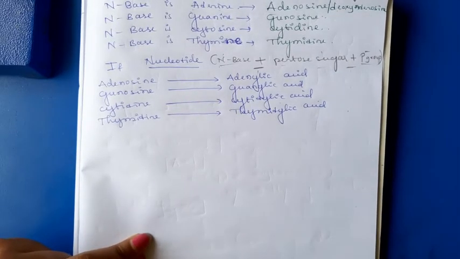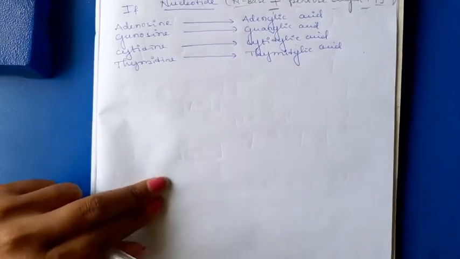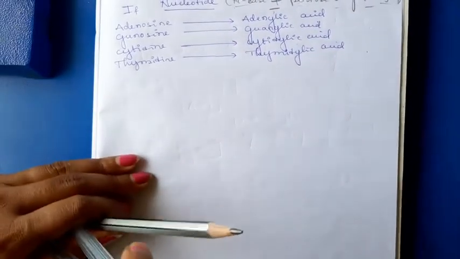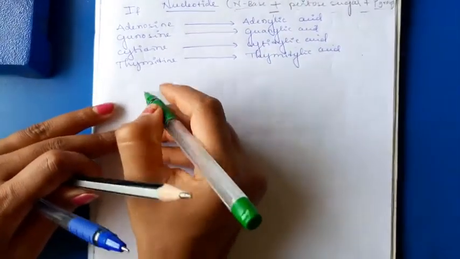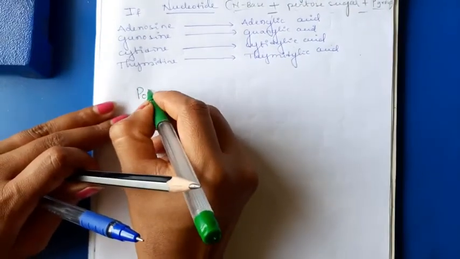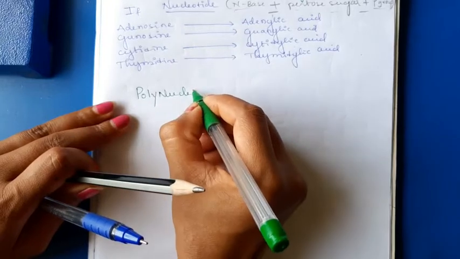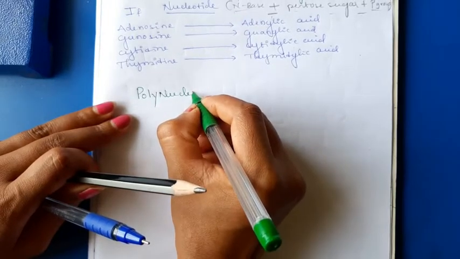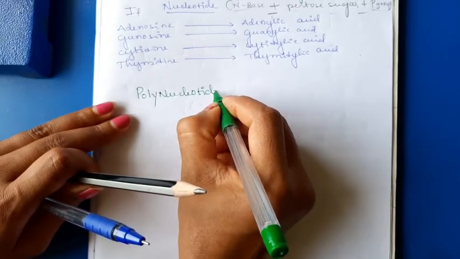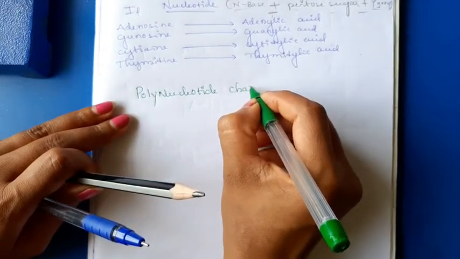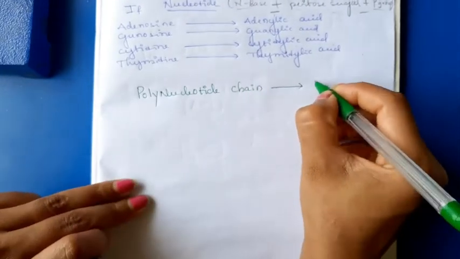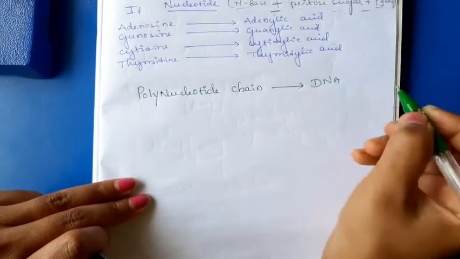Just we discussed one nucleotide. Now we can discuss the polynucleotide chain, or that is nothing but the DNA.